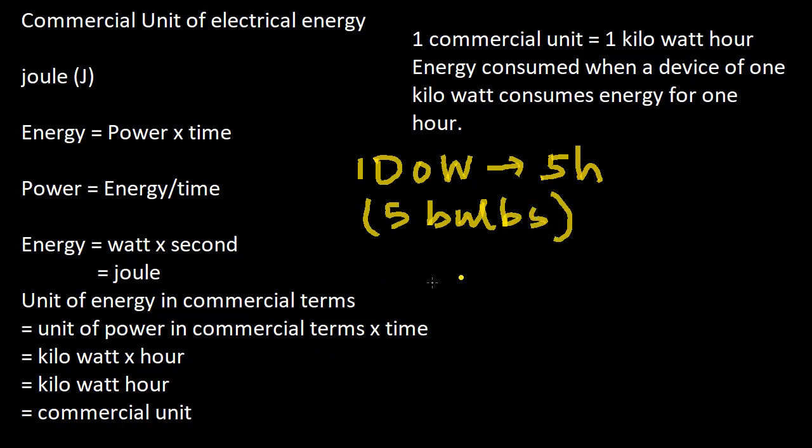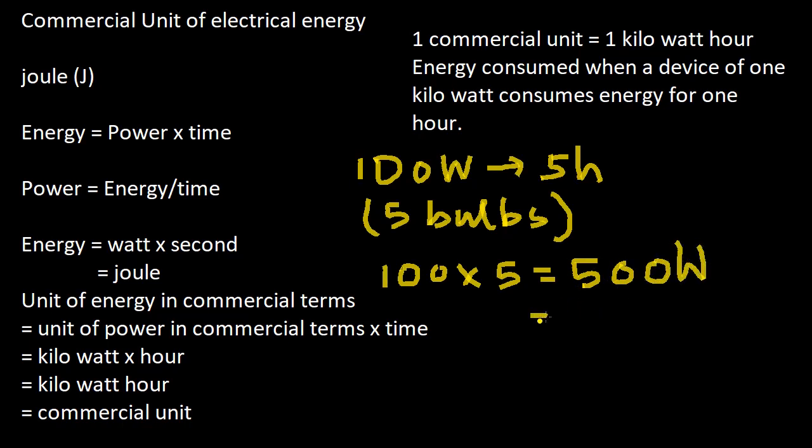So 100 times 5 will give us 500 watts. So the total wattage is actually 500. So we get 500 watt, and that is equal to half a kilowatt, because 1 kilowatt is actually equal to 1000 watt. So 500 watt is equal to half a kilowatt.